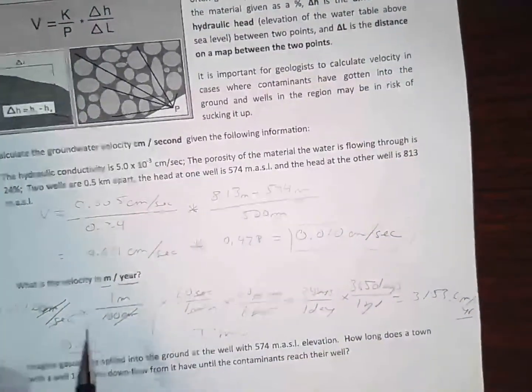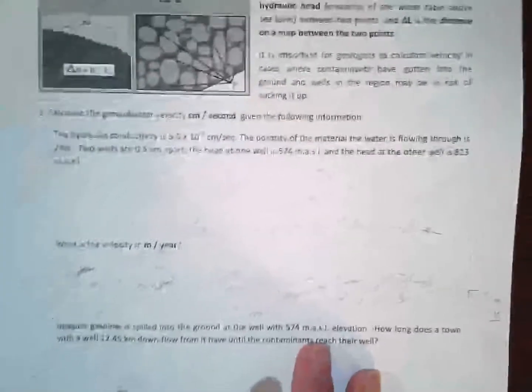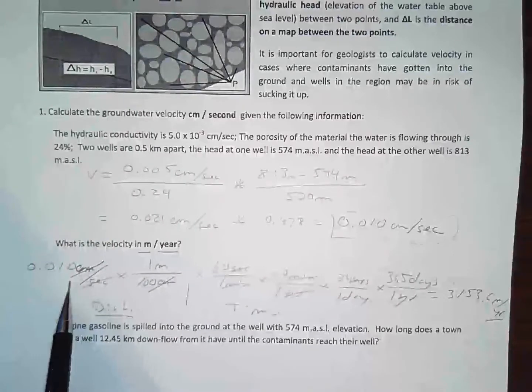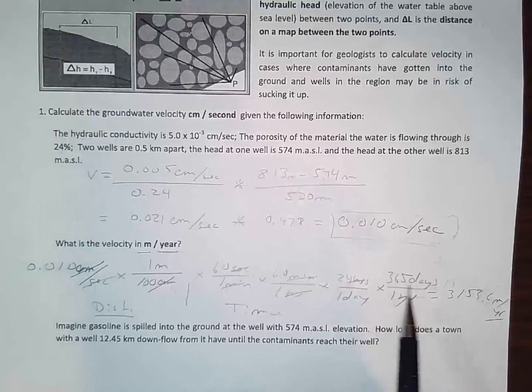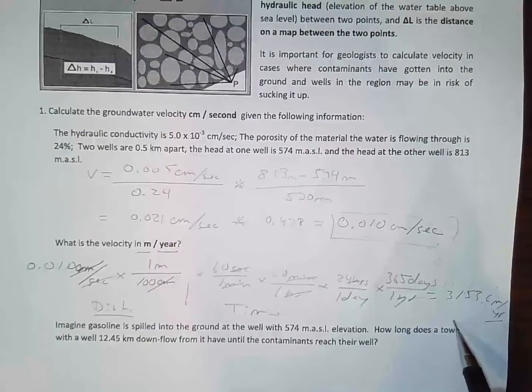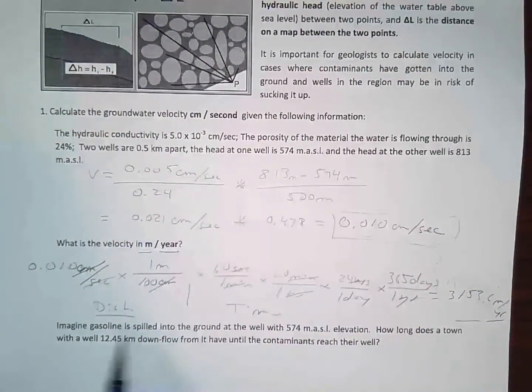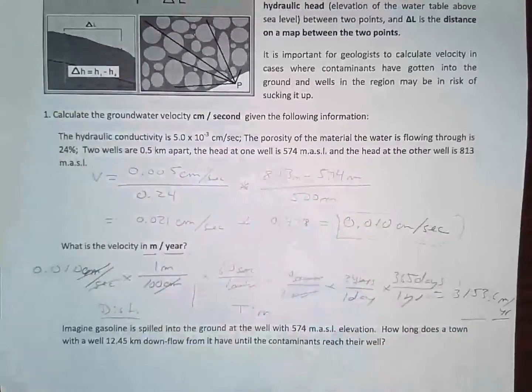Okay, so you multiply this whole through, so it then becomes 0.010 divided by 100, or times 1 over 100, depending on how you want to think about it, times 60 times 60 times 24 times 365 is going to give you this value. Okay? So I've separated this out, but I've written it all as one complete problem.